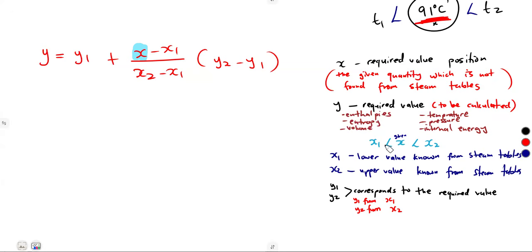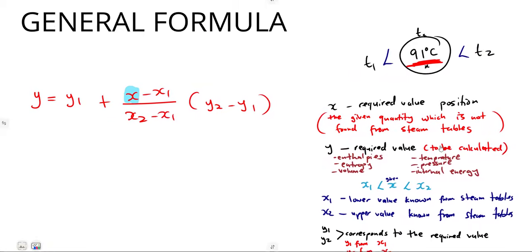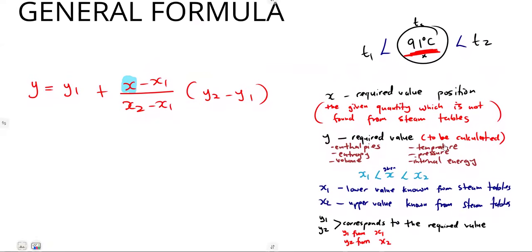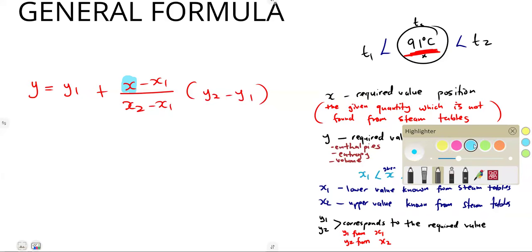So with this, guys, you can answer any question with this very short formula that we have here. We can answer any question from the required value position. X is what is important.